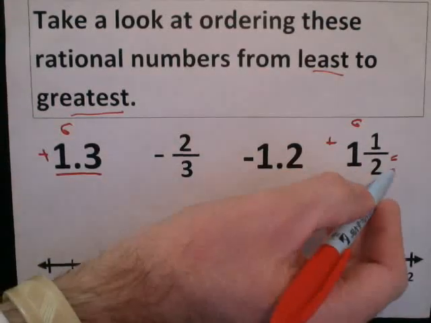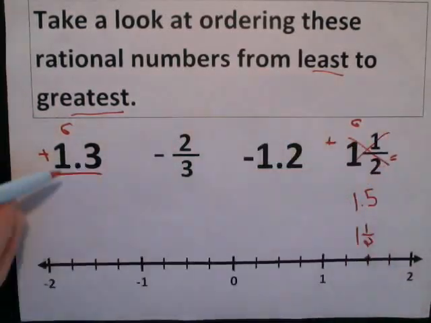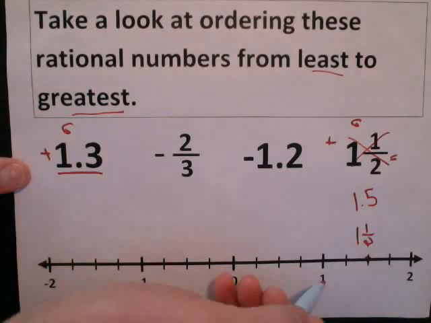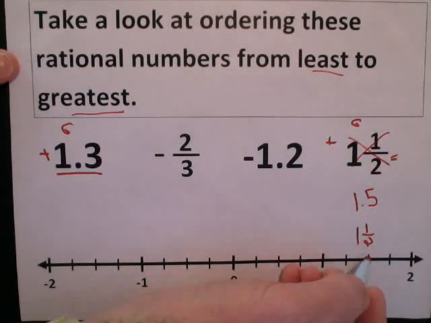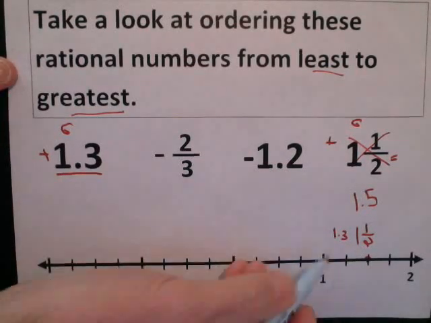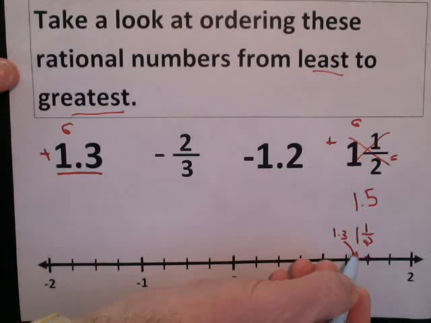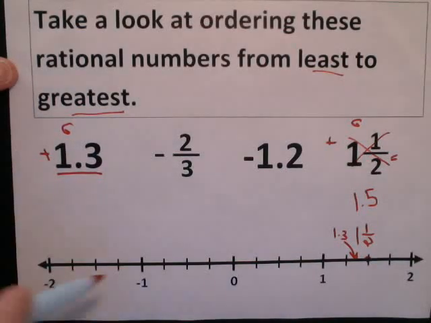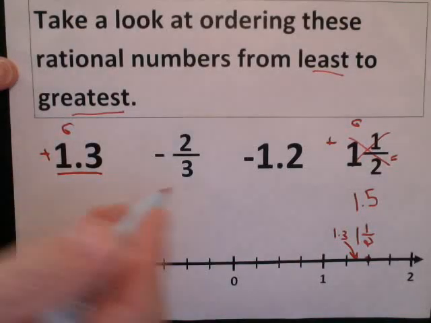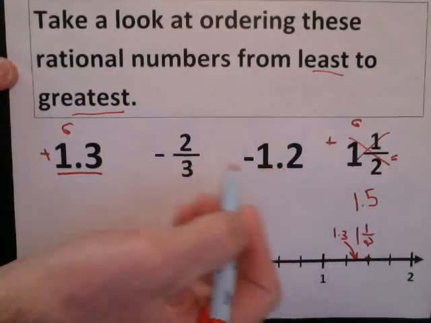So now we know that this is greater than this positive number because this is 1 3/10. 1 3/10 is certainly less than 1 5/10. So a positive 1 3/10 will probably land somewhere about here on our number line. So we now know the order of those two greater numbers. What we don't know is the order of these two numbers.